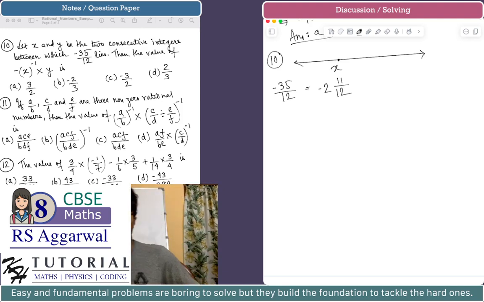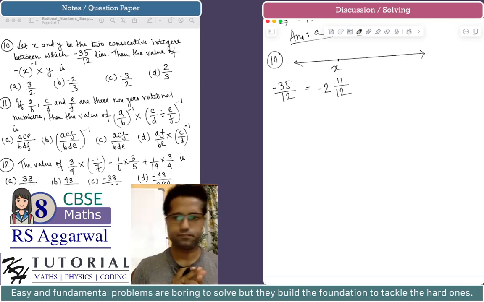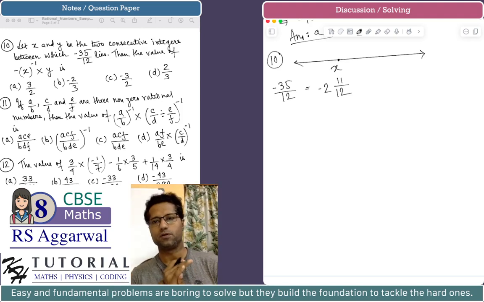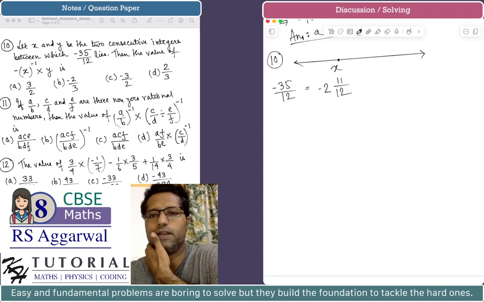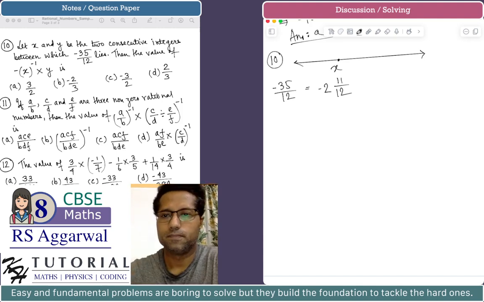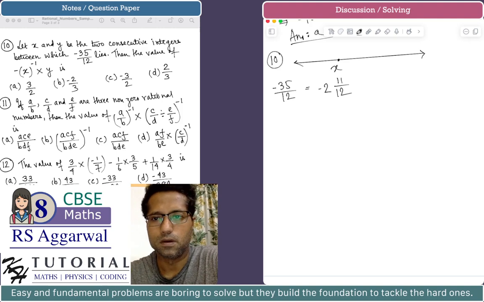Minus 2 and 11 by 12 is the mixed form of the given improper rational number minus 35 by 12. It is a negative rational number. So if this is the origin, it will be on the left hand side of the origin on the number line. Let's say this is minus 2 and 11 by 12.